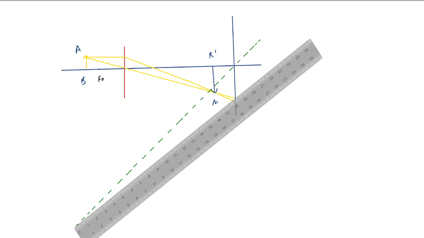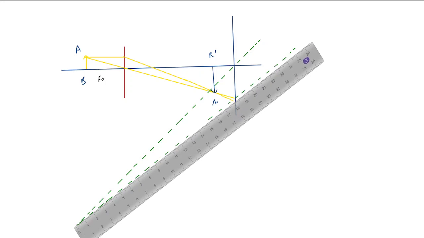So light from here would refract. Draw them backwards, it appears as if light is coming from some point like this, and even this will be refracted, and then what we get would be something of this kind.